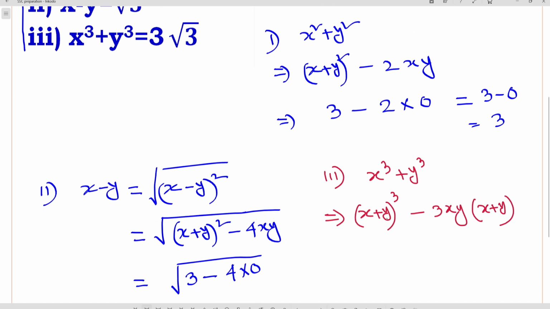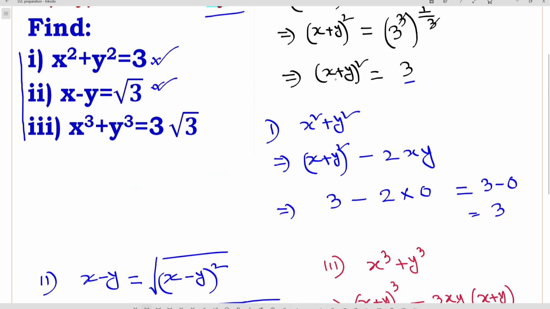Now look, in here (x plus y) whole square equals 3. So we can write x plus y equals root 3 if we take the square root.